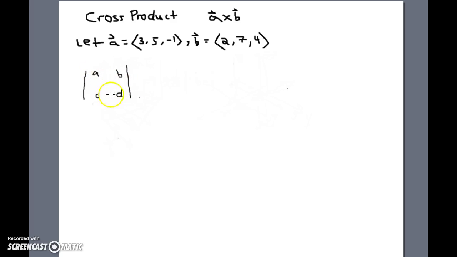If we wanted to find the determinant of a 2x2 matrix, A, B, C, D, we take the product between A and D, and write it as AD. Of course, you can write it as DA because multiplication is commutative, minus the product between B and C, which I will write as BC. That's how you find the determinant of a 2x2 matrix.